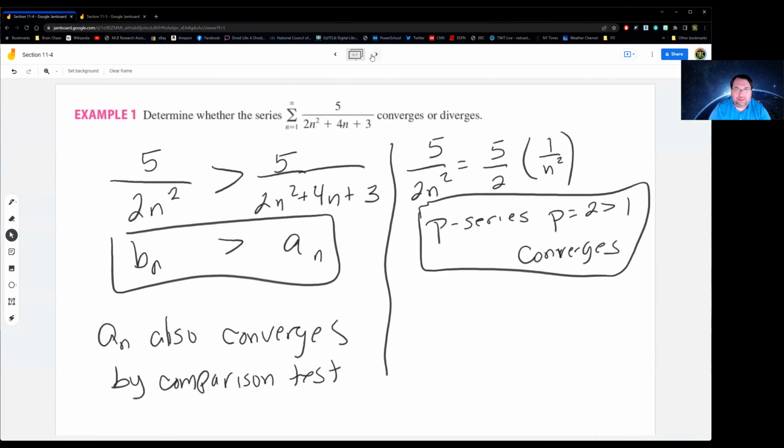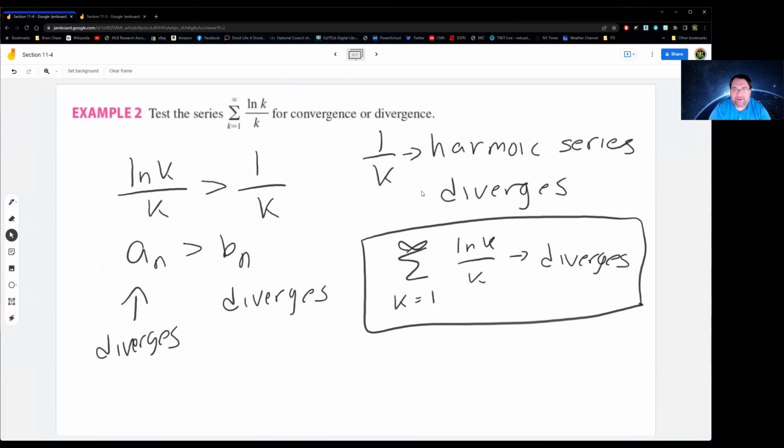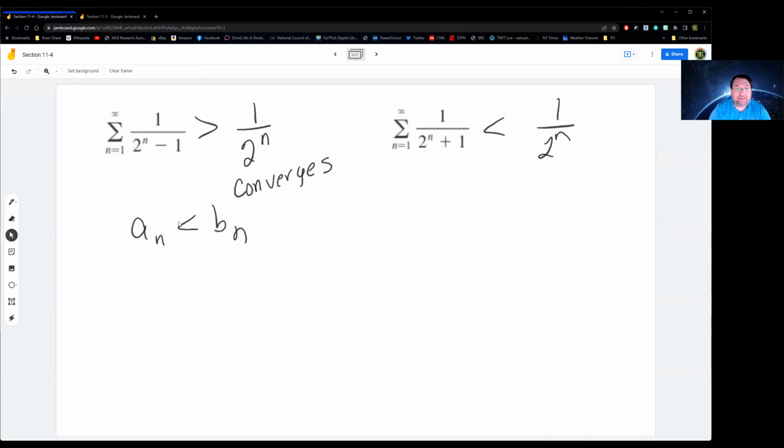Got it. And in this one, we said BN is divergent and AN is greater than BN. So therefore, they both diverge. In this one, we said it's convergent. However, AN is bigger than BN. So that fails that part of the test, so we can't use the comparison test.